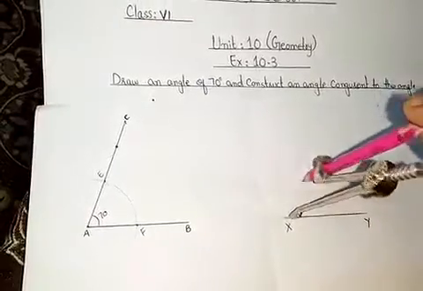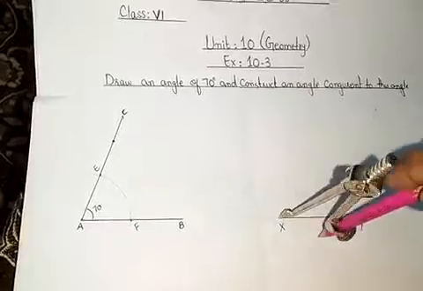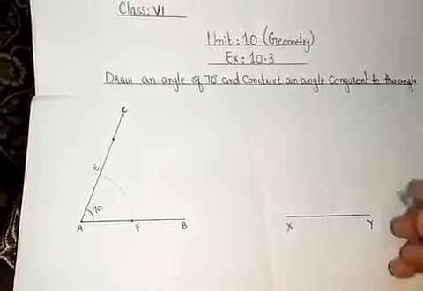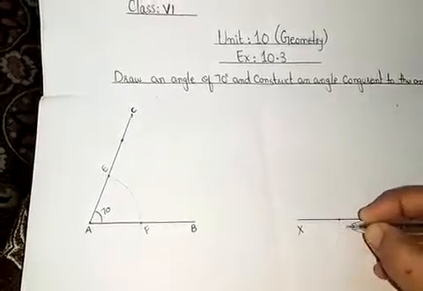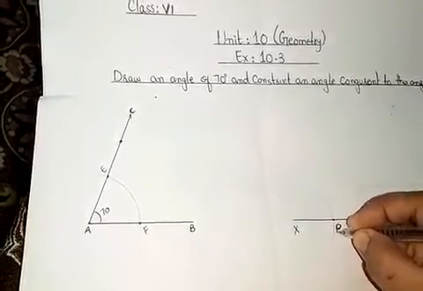So at point X, I have drawn an arc which intersects X and Y, and I have given this point the name P.